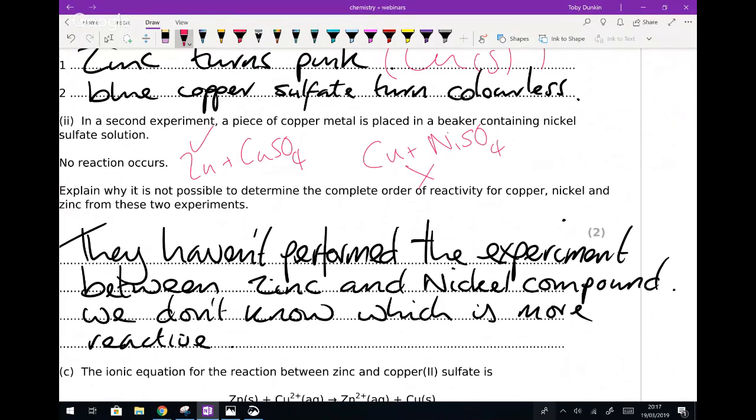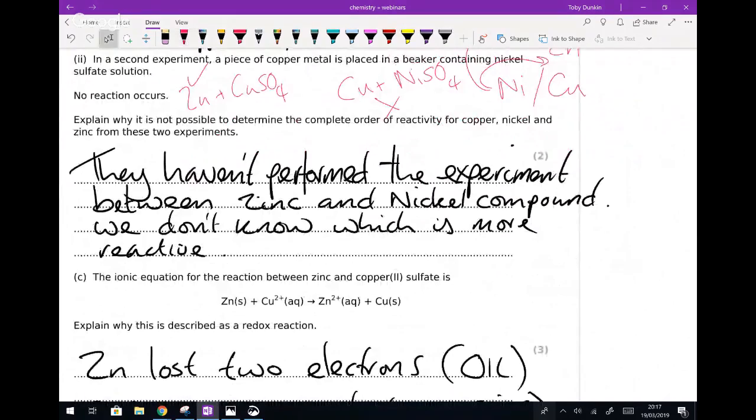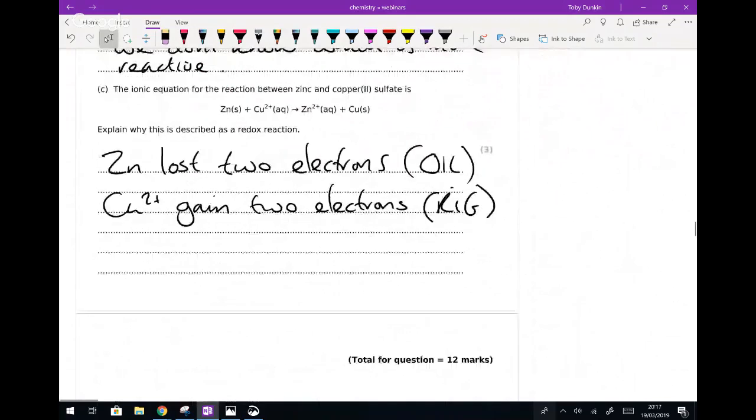So zinc is above copper, but copper is less than nickel, but is it less than zinc? We don't know where the zinc comes. Is it above or below nickel? They haven't performed an experiment between zinc and a nickel compound. We don't know which is more reactive. That's quite clever. That's hard. That's grade A, that. Maybe even A star.